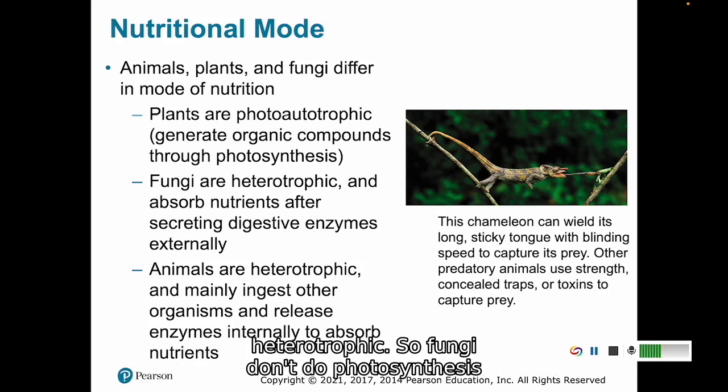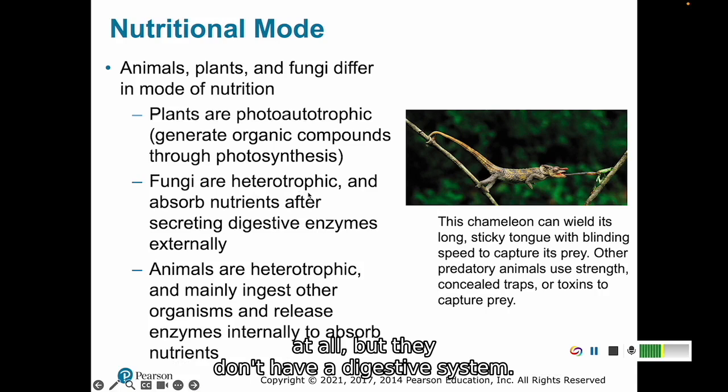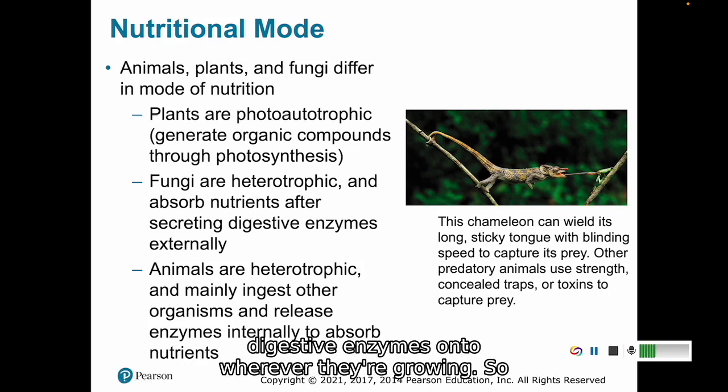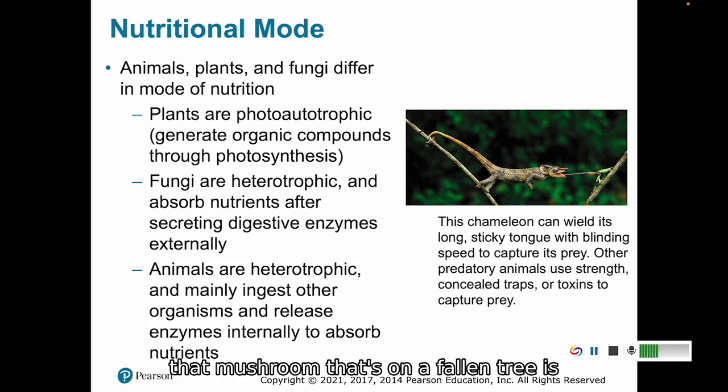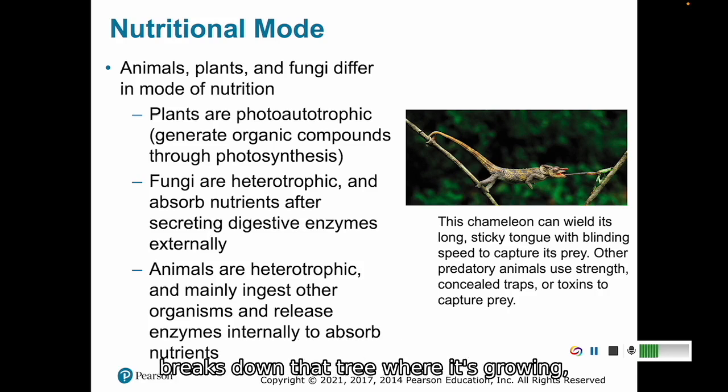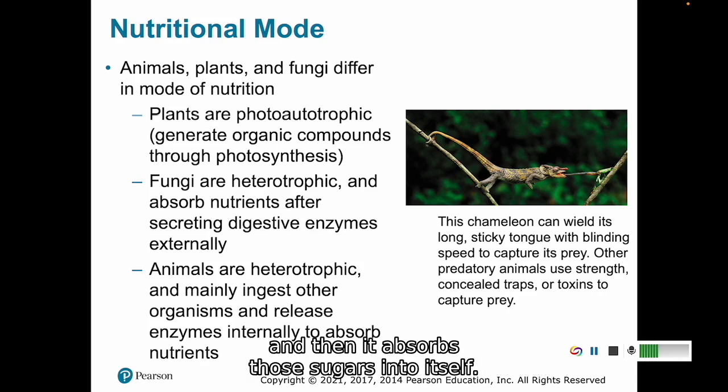Fungi are heterotrophic, so fungi don't do photosynthesis at all, but they don't have a digestive system. They don't eat. What they do is they excrete digestive enzymes onto wherever they're growing. So that mushroom on a fallen tree is excreting those enzymes externally, and that breaks down the tree where it's growing, and then it absorbs those sugars into itself.